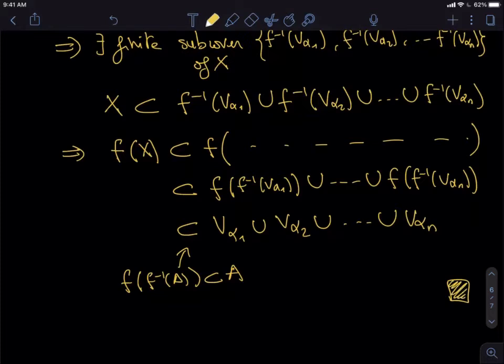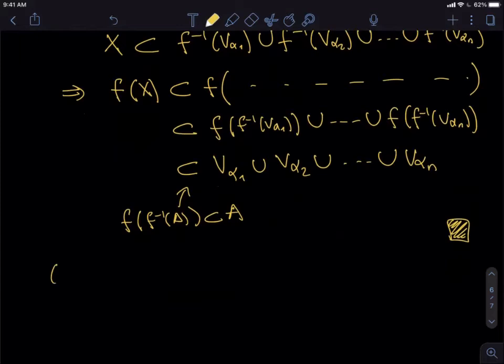Now, there are some important consequences of this theorem.